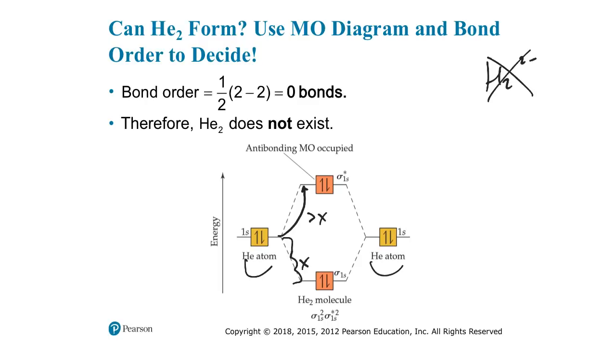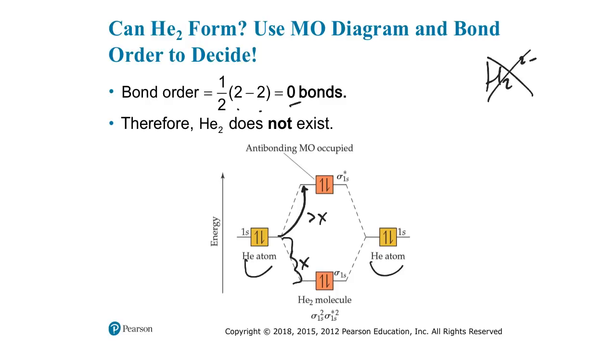So we're going to get a little bit of instability if we try to make helium compared to helium-2 compared to having two separated helium atoms. So our bond order, 2 bonding minus 2 anti-bonding electrons, no bond can form between two helium atoms in this case here. So helium-2 would not exist as any kind of stable molecule.